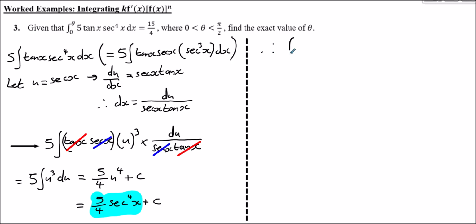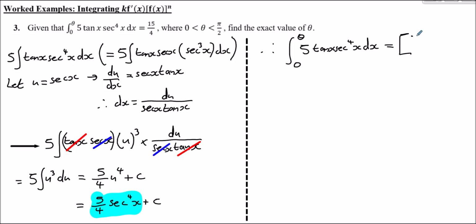So therefore now, in between theta and 0, 5 tan x sec 4x dx, between limits. The constant of integration would obviously cancel out each time. So what we're going to do now we've got this expression, we can use it.